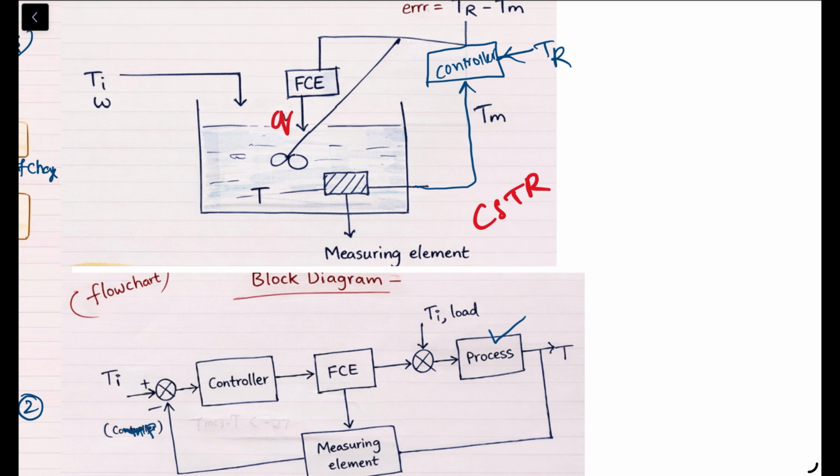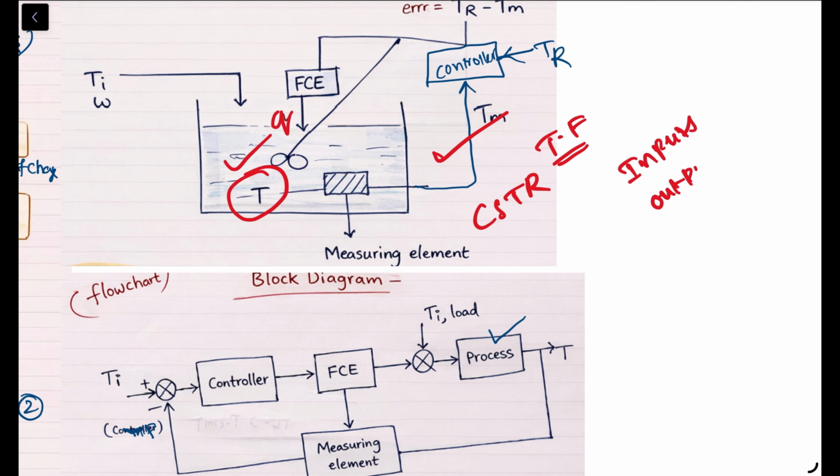Inside the reactor is a liquid that is continuously flowing, and heat is applied to maintain the required temperature. Our objective is to find the transfer function of this process, which means we want to find the mathematical relationship between the inputs and output of this reactor.